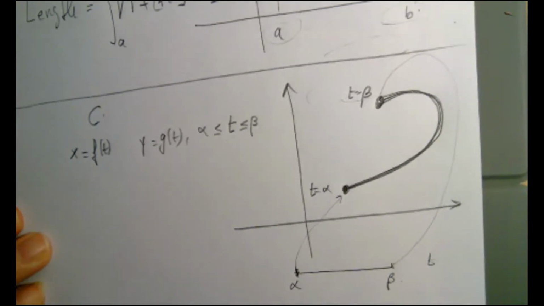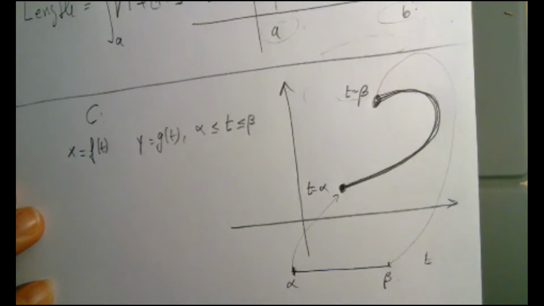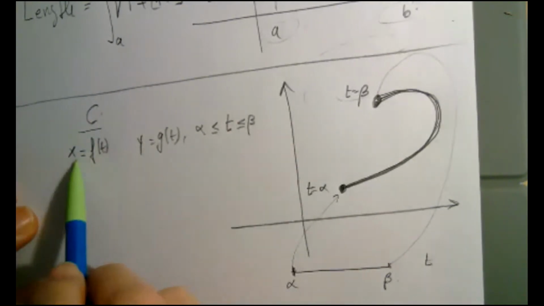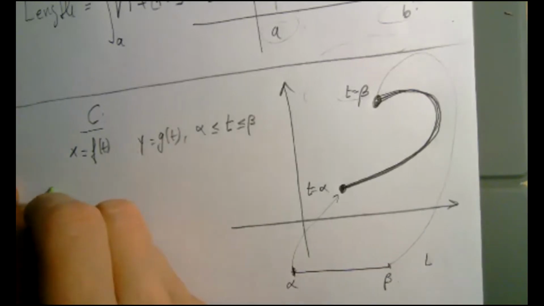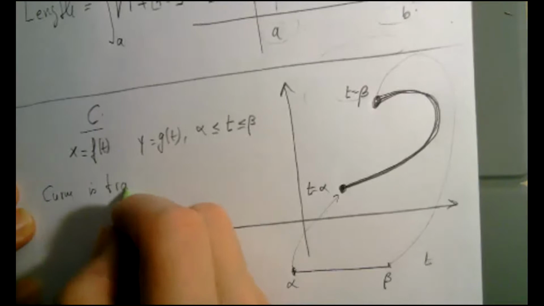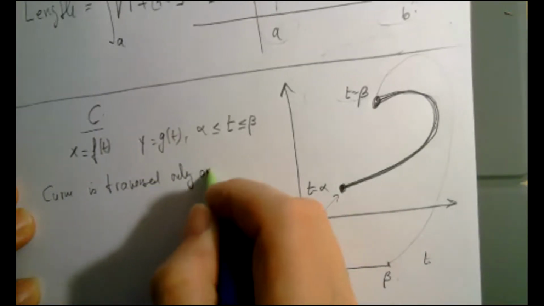So we have a formula. And how do we get those formulas? First, there's a condition. Suppose C is given by that, and the curve is traversed only once. Only once.